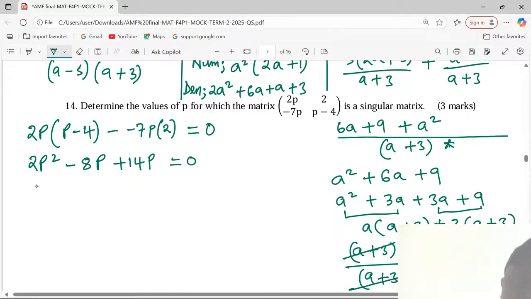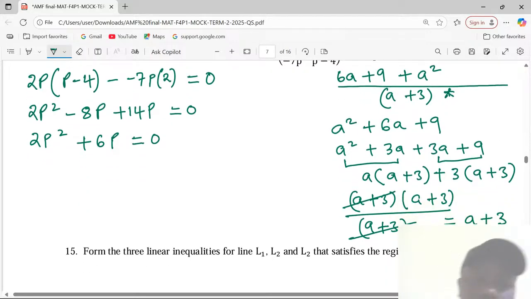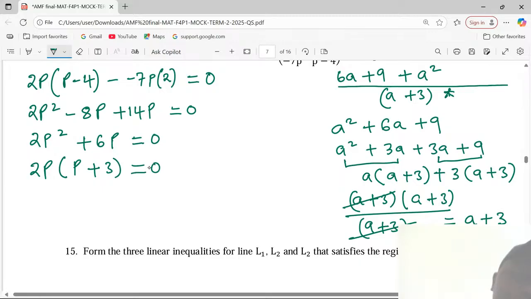At this point we can say 2P squared plus 6P, because of negative 8 plus 14, equals 0. We can solve this by first factorizing 2P to remain with P plus 3 equals 0. So 2P equals 0, and hence P equals 0.